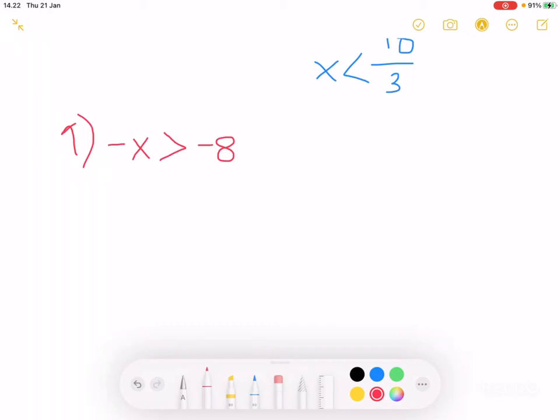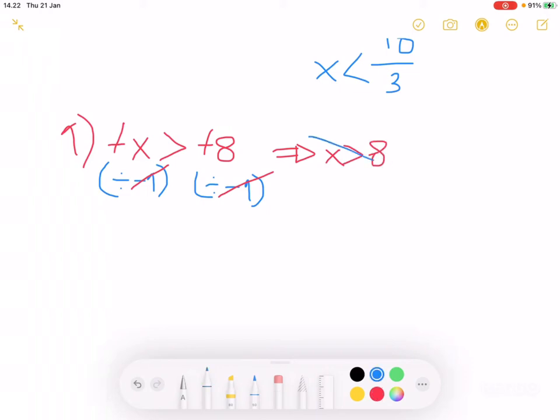You can divide or multiply both sides by negative 1, like when solving linear equations. So we have x is greater than 8.